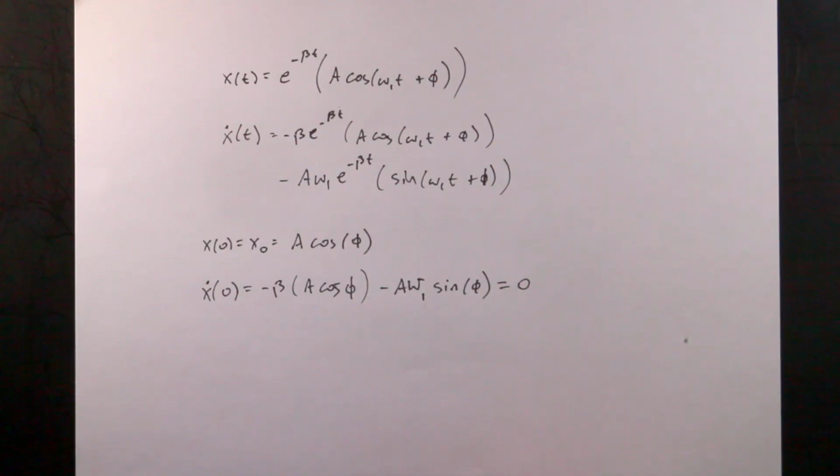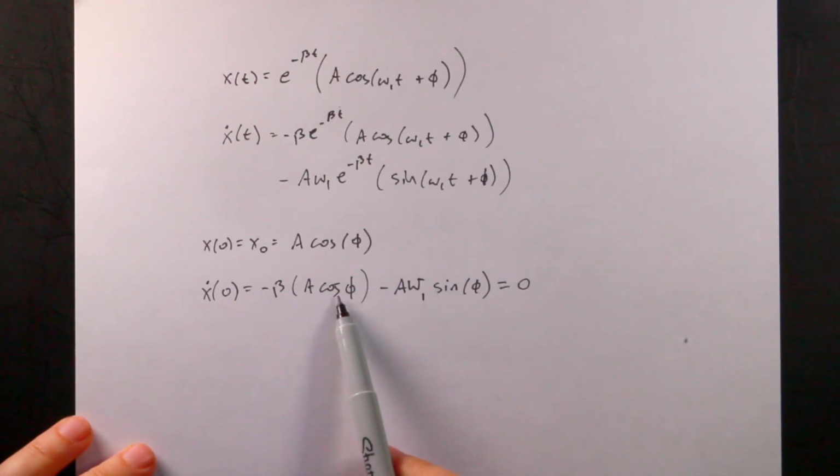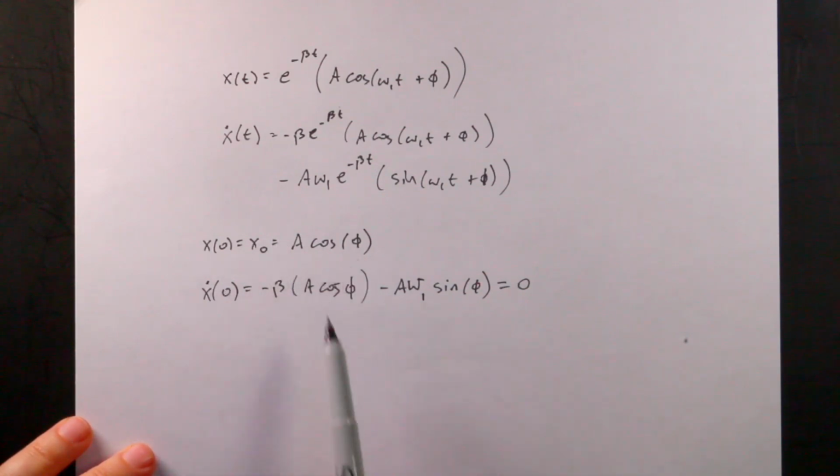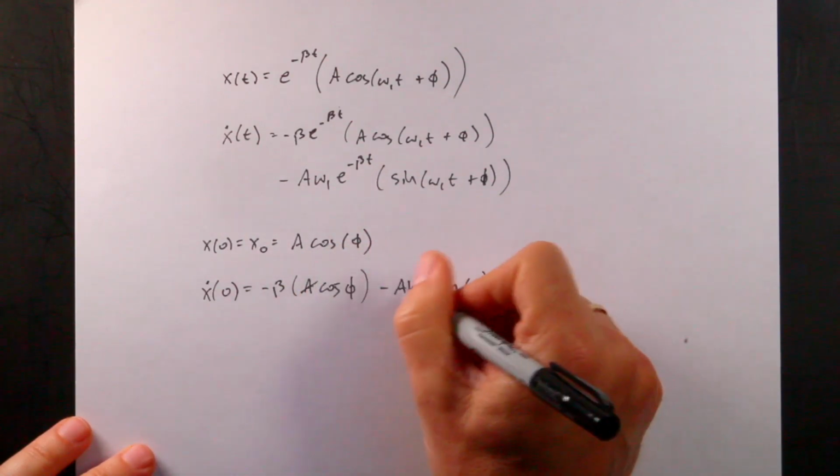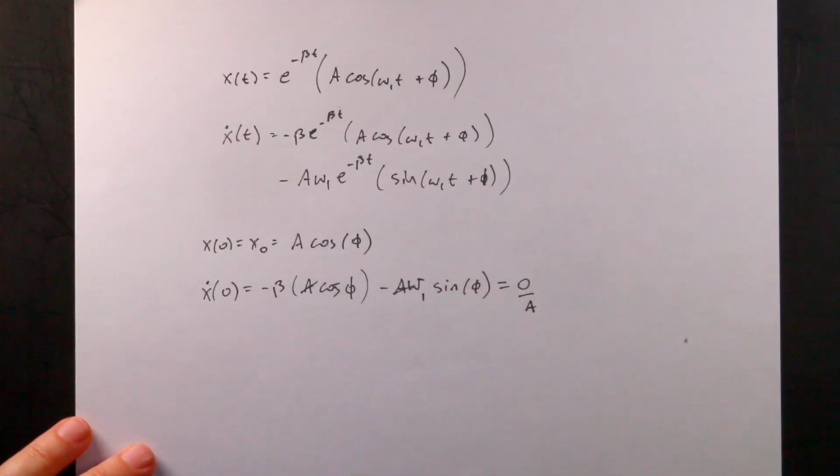Okay, so we have to do some stuff here. Let's go ahead and solve this for cosine phi, because I have two equations. So first of all, I can divide by A, and that goes away.